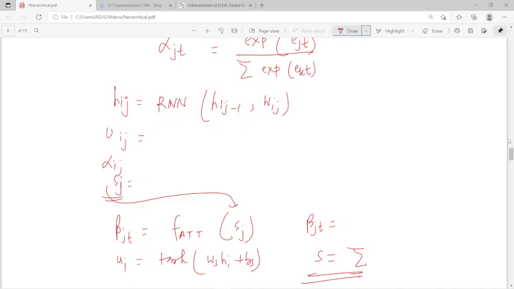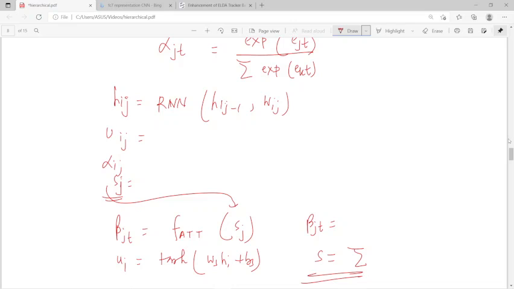So this is the hierarchical. I am not writing the equations because that is not needed, but if you write them, they will be similar to the previous one. The main thing to note, since this is a sequence of sequences, from the sentences that you are given, you get the important words, and from these important words you again feed into some RNN, and that will give you the result.